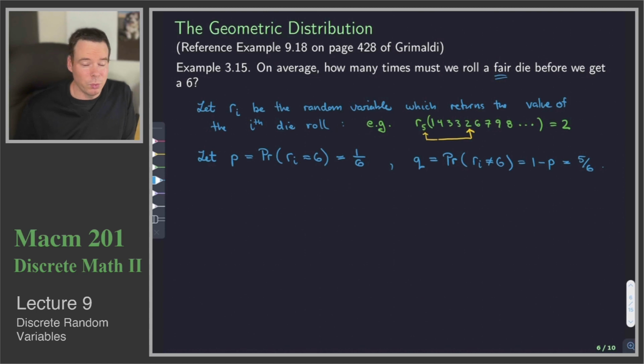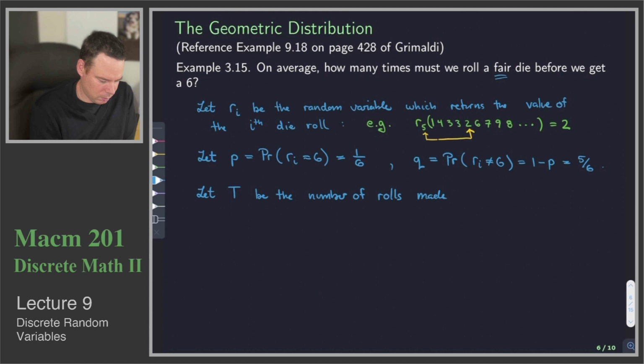Now, what we are really interested in is how many rolls we have to do before we get a 6. So that's where we introduce our main random variable. We'll let T be the number of rolls made to get a 6.